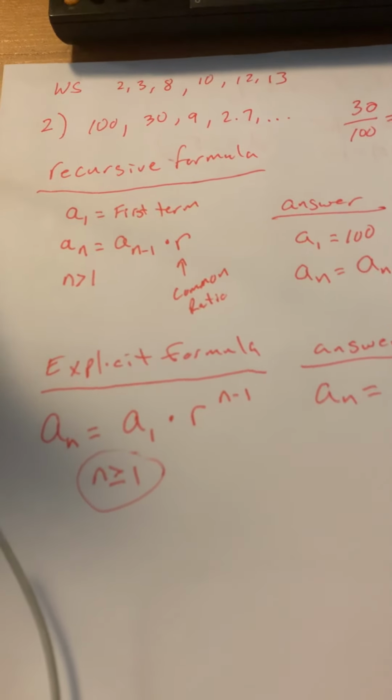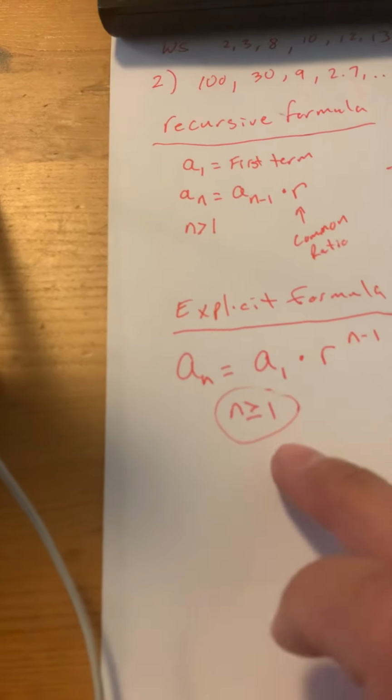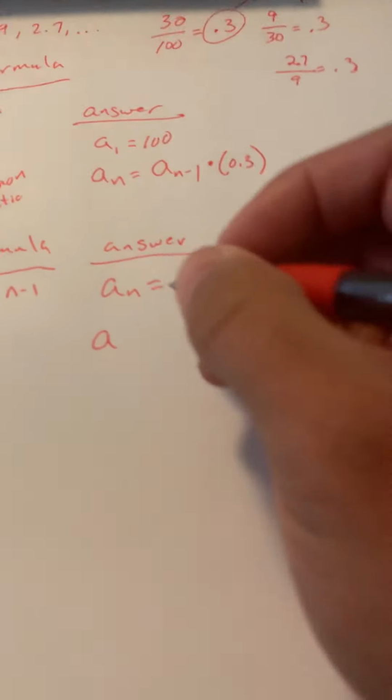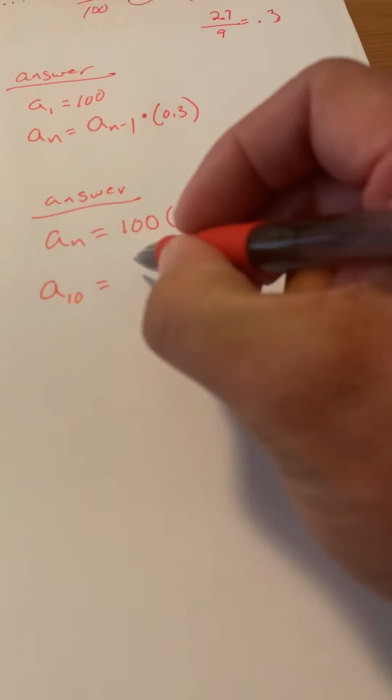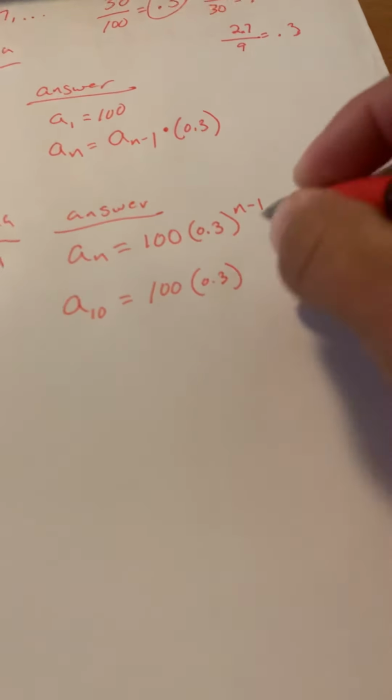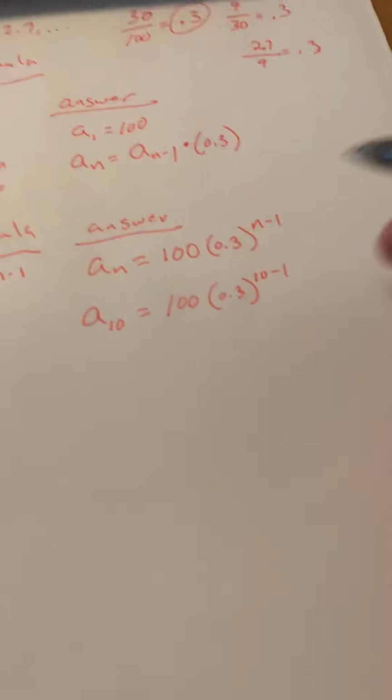And so the way I do that is I come down here and I use the explicit formula. So I want to find a sub 10. So 10 is the term that I want to find. So I just plug in 10 where I see an n. So I go 100 times 0.3, raise it to the 10 minus 1 power.